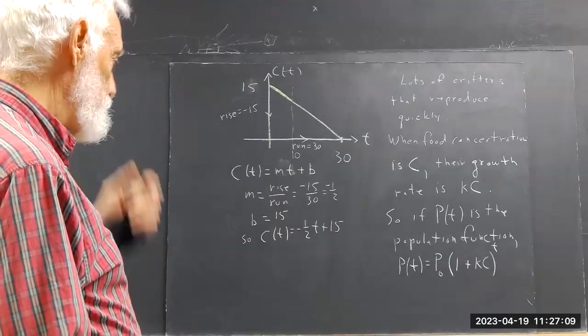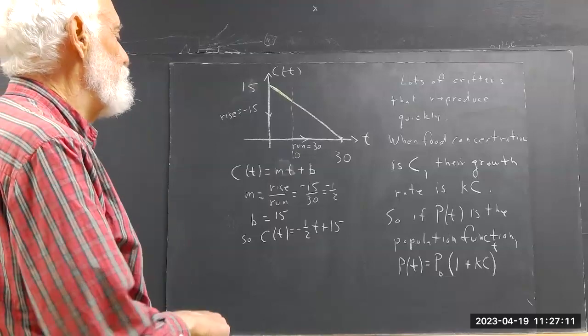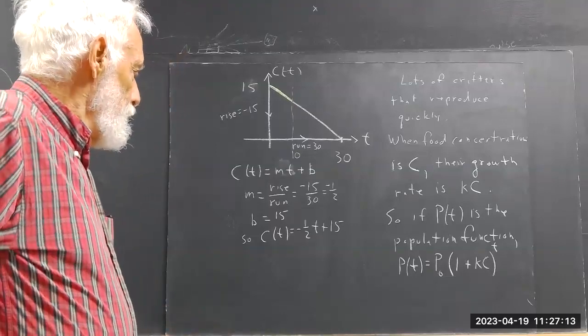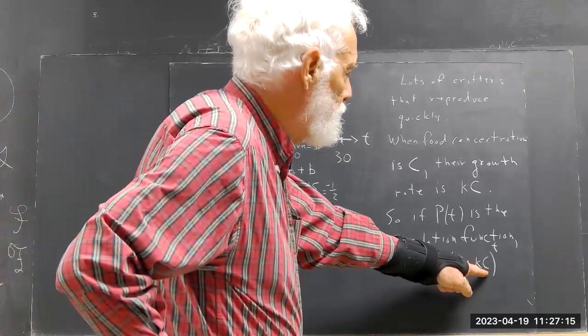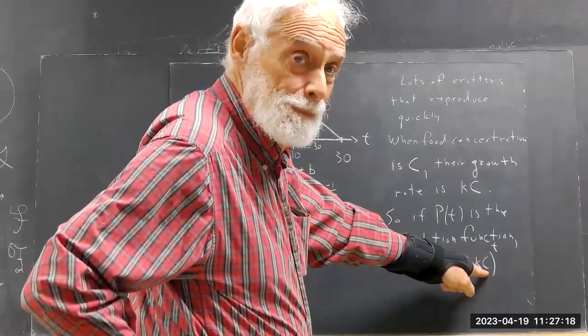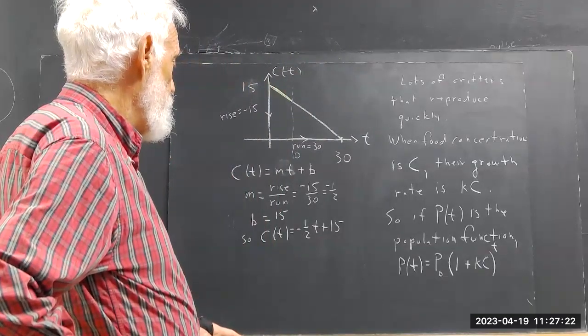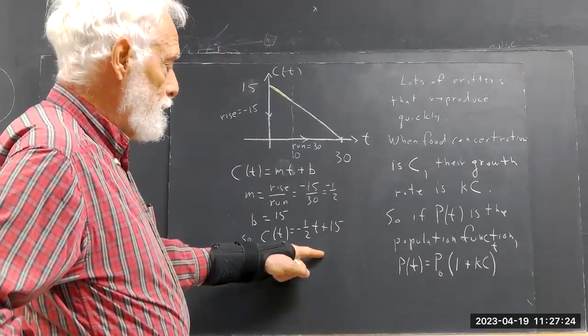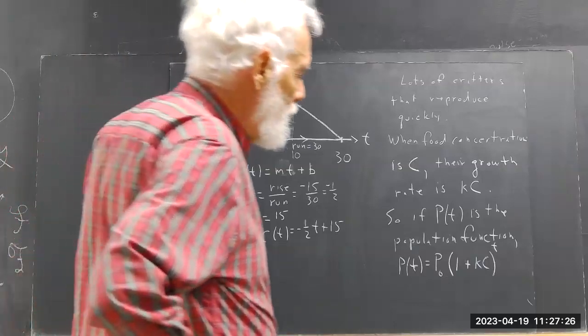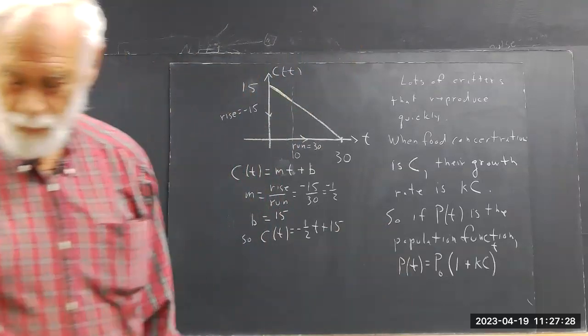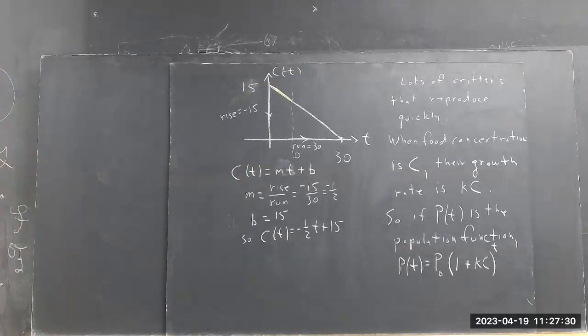So now we can replace C by this C of T function. Now I've got a notational problem here. It kind of obscures what's going on as the composite, so let me fix that.